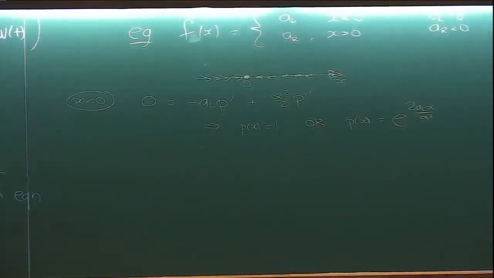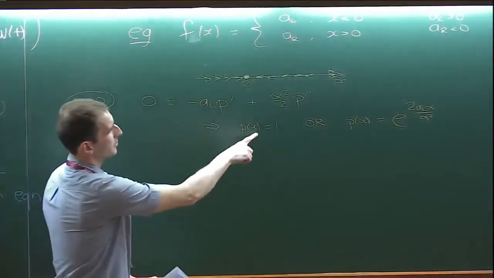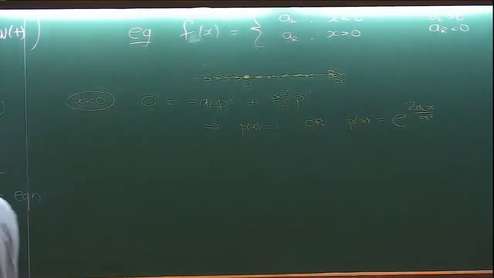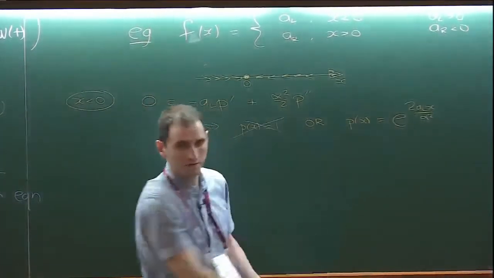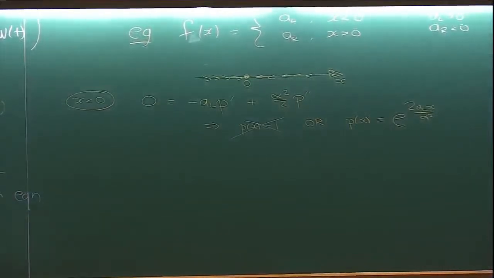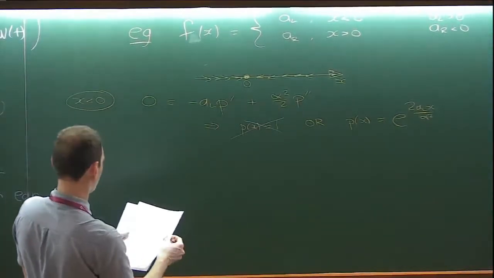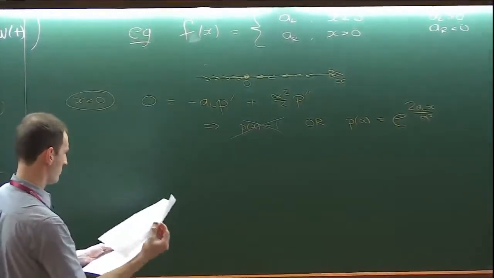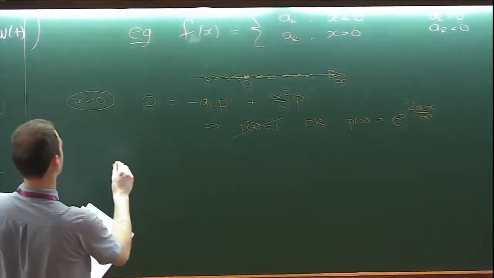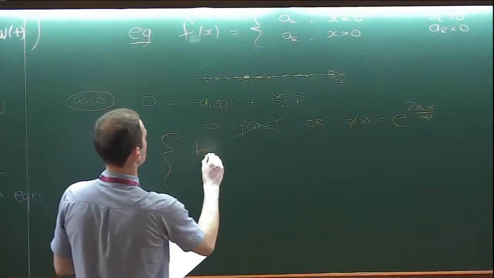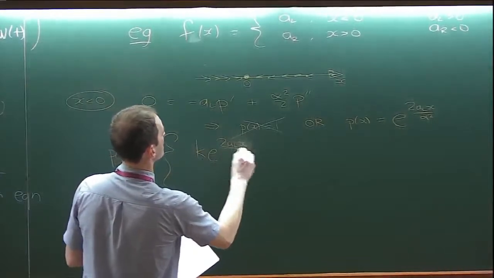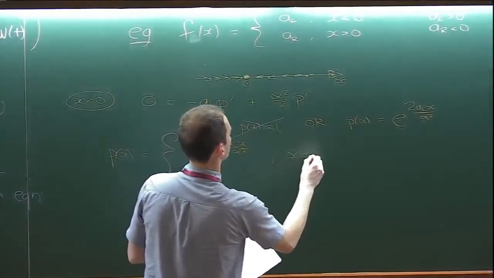However, I need p to satisfy this equation, that the integral has to be 1. So I could possibly have a constant, but I have to have the exponential for x negative.